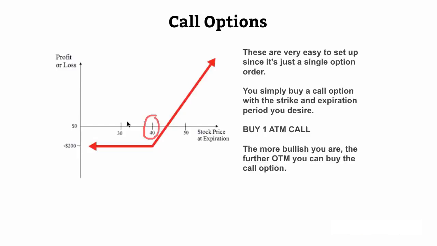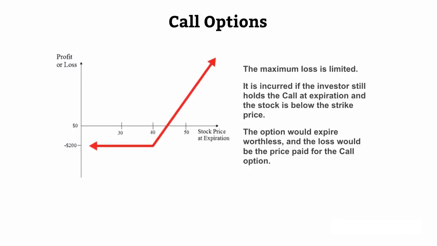If the stock was trading at $30, you might buy an out of the money, meaning the stock price isn't quite at the strike price yet, 40 strike call option. So again, where you buy the options is determined by how bullish you are and how much time you need until expiration.